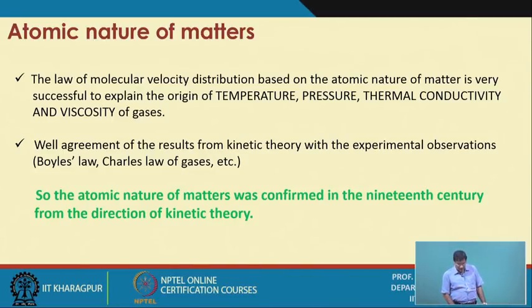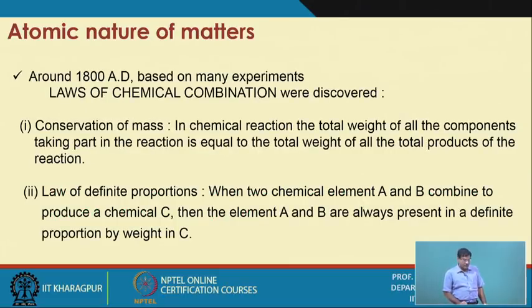From another direction also, a similar type of conclusion was made. So, that was the next. Another one is from chemical combination. Around 1800 AD, based on many experiments, the laws of chemical combination were discovered.